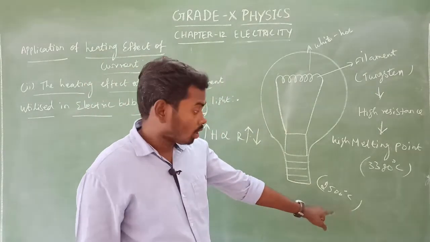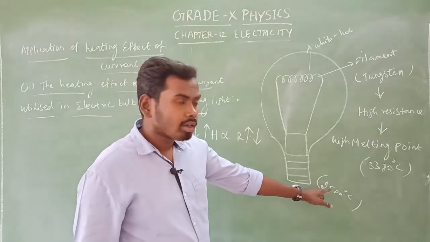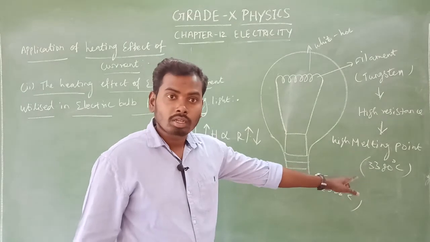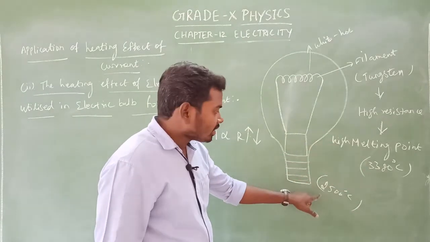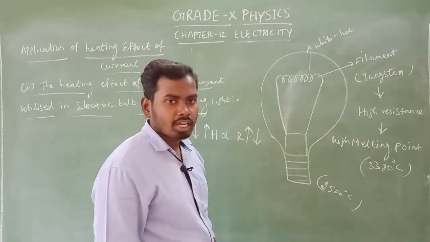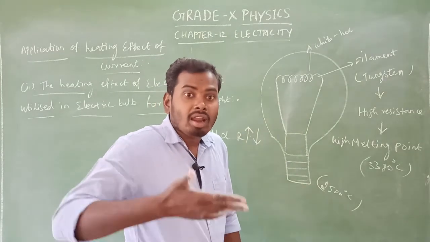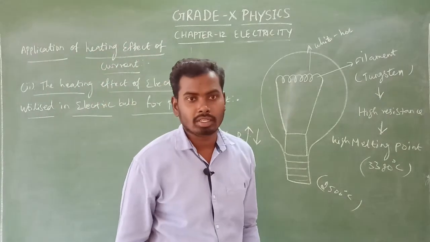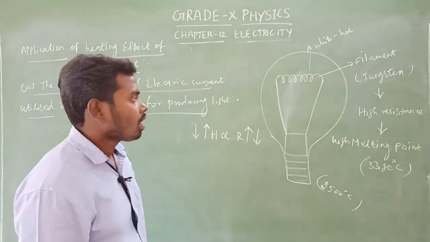The tungsten filament's melting point is 3380, but at 2500 degrees Celsius the filament starts emitting light. We can get the light in the form of energy. This is also one of the applications.